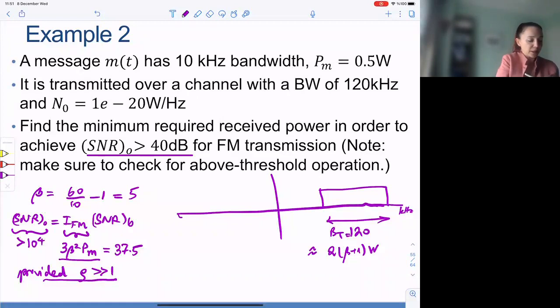Okay, how about SNR_B? SNR_B is the received power divided by the noise power in the message bandwidth, right?